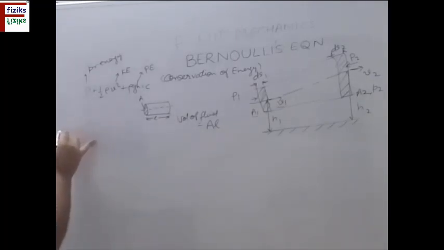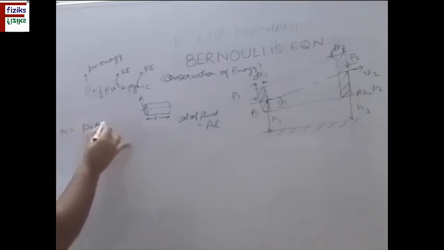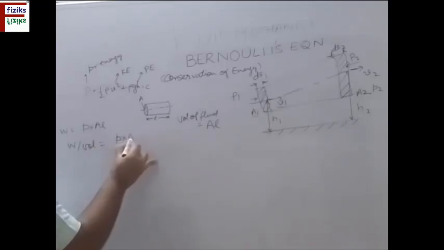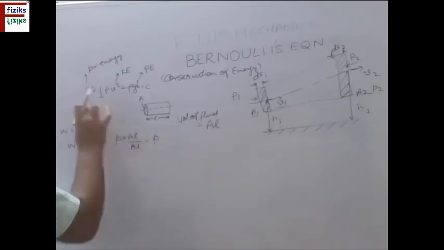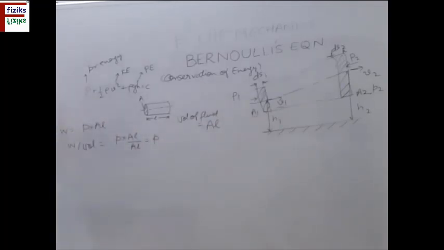So work done is P into A into L, pressure into volume. To write the expression for the pressure energy, work done per unit volume is P into AL divided by volume, which is equal to P. So this term shows the pressure energy, the work done because of the pressure of the fluid per unit volume.